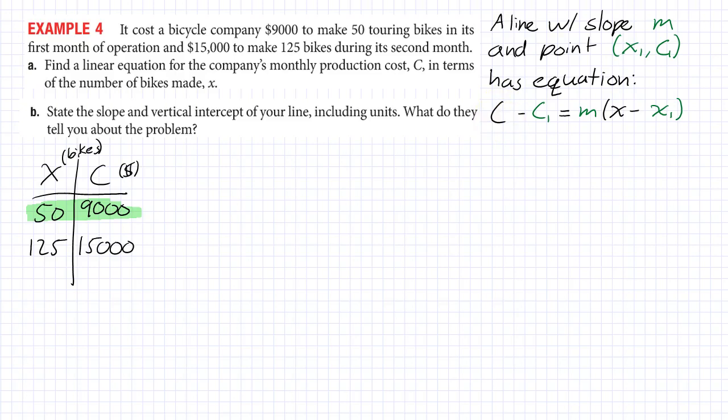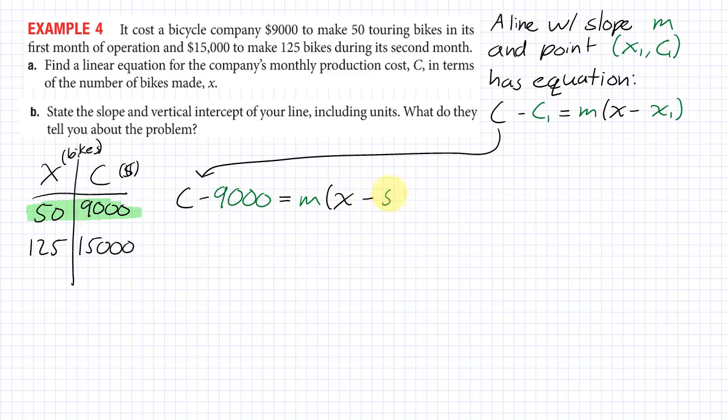Let's plug this into the equation. Oh, but wait, we don't know what m is, so we're going to have to find that. The x minus x1 is going to be that 50 there. We don't actually know the slope, so we can't finish this yet.